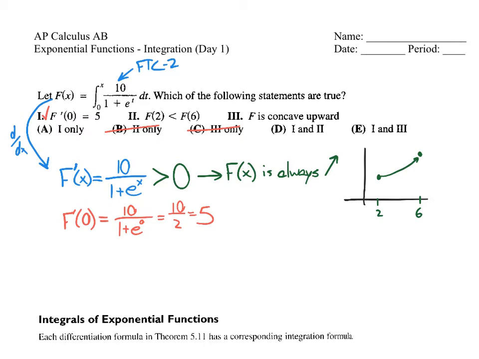So I automatically know 2 is correct, and by process of elimination at this point, I could eliminate A and E, and I know that my answer has to be D.